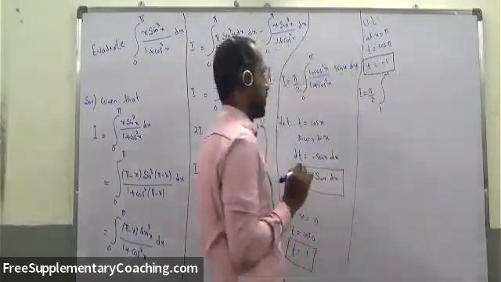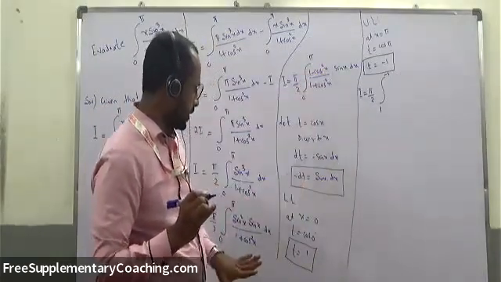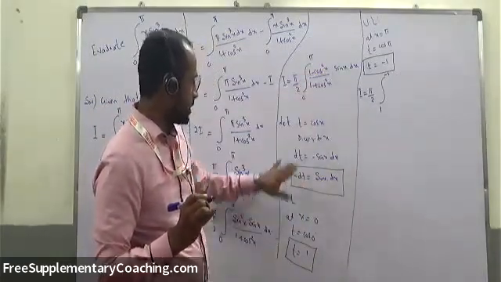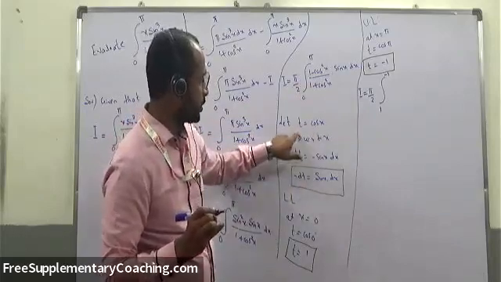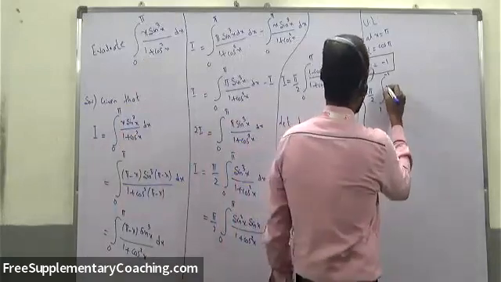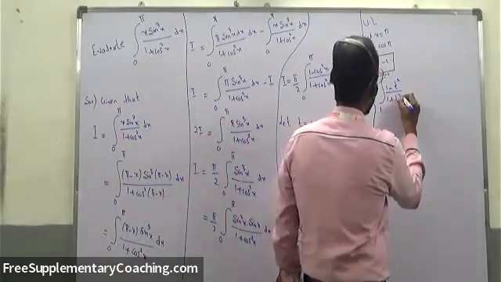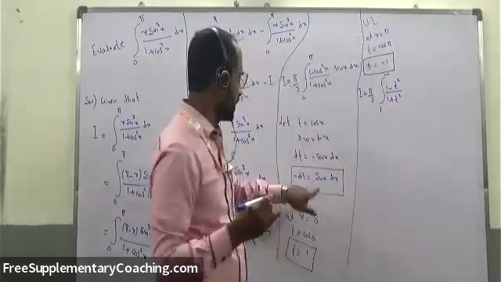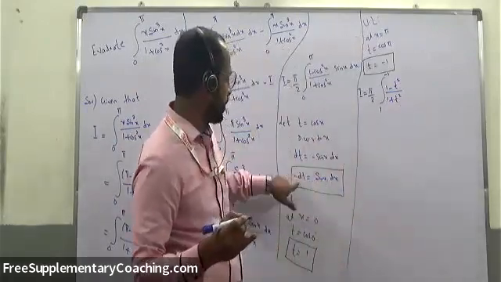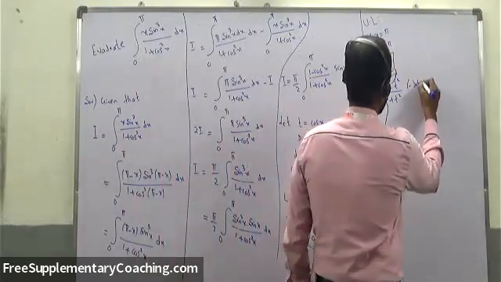And then 1 minus cos square x, that is 1 minus t square, because cos x is t, so cos square x is t square. So this is 1 minus t square by 1 plus t square. Sin x into dx is minus dt. Just writing in the bracket, minus dt.